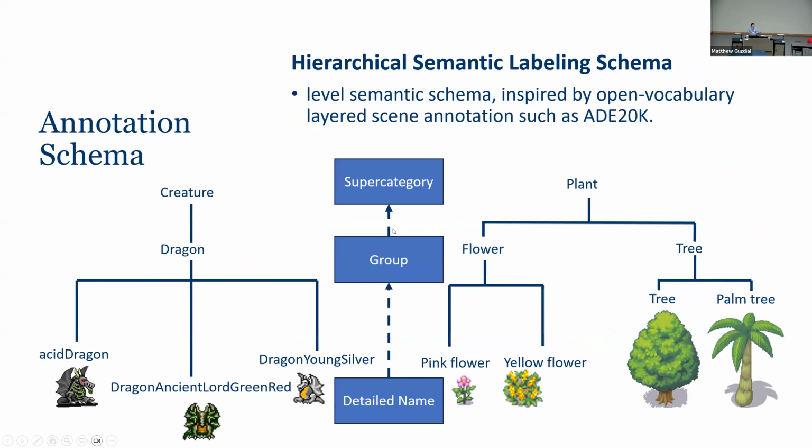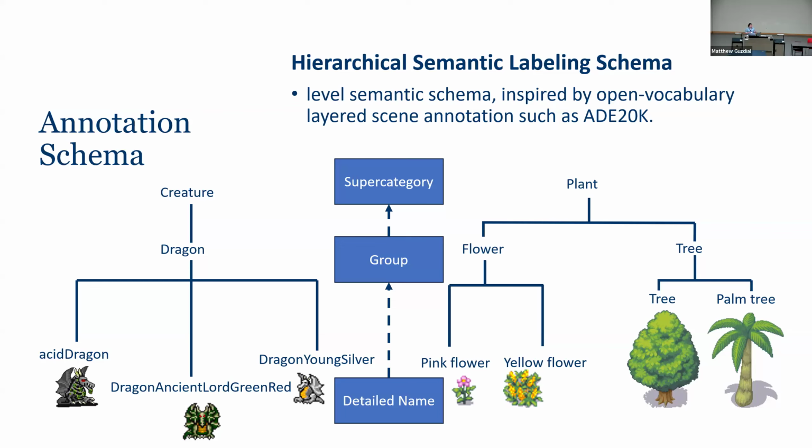And the next part is, this slide shows what our hierarchical semantic labeling schema looks like. We borrowed the idea of multi-level semantic organization from datasets like ADE20K, which used layered open vocabulary labels to support flexible scene understanding tasks. For GameTileNet, we adapt that idea into 3 levels.